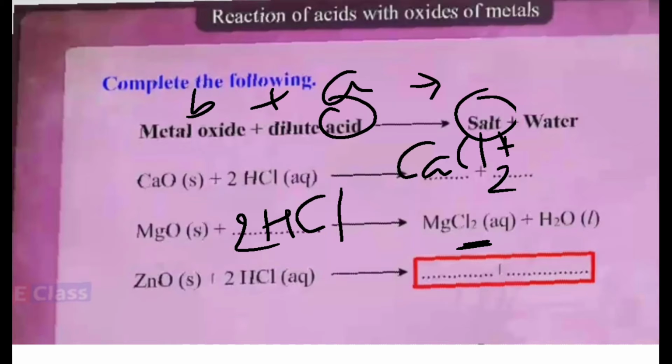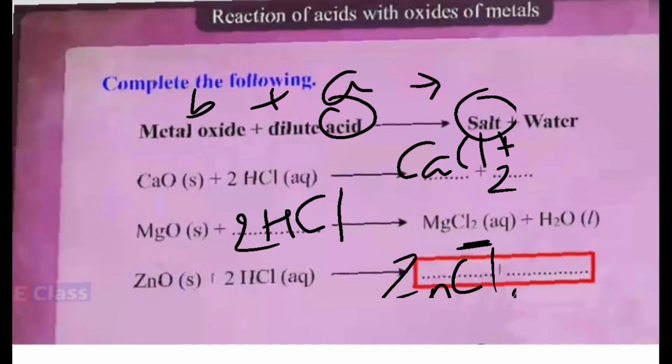Okay. The next one, observe here, they have given the metal oxide and the acid. And now salt and water is remaining. I have written the water. Now come on, make a salt. Zinc and then chloride. So ZnCl2. Correct?